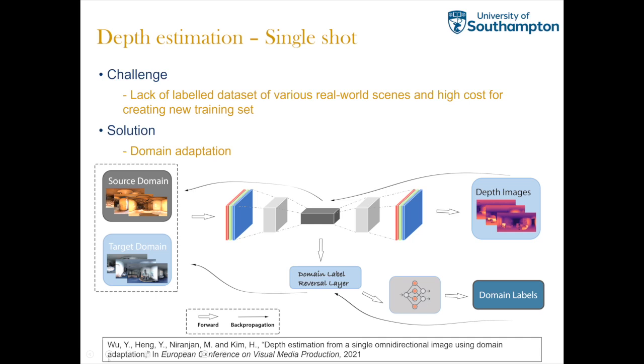We can see that the target domain depth is plausible and quite close to the real one, but it is really hard to tell whether it is really close to ground truth because we don't have it. But we can test it with some measurements.